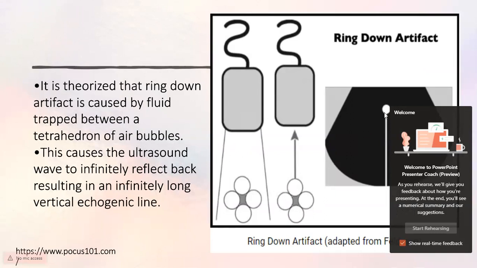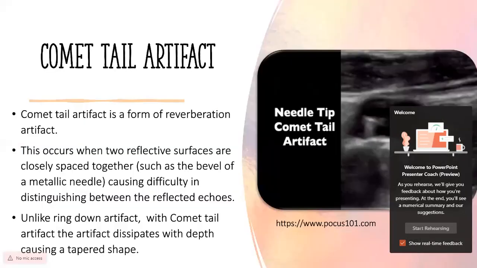And if you look carefully, you'll see a long line carrying through the image. If you imagine standing in front of a mirror with another mirror behind you, you see an infinite number of yourself within the mirror. It's a similar effect happening here.